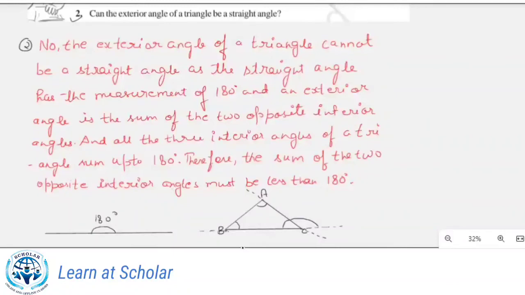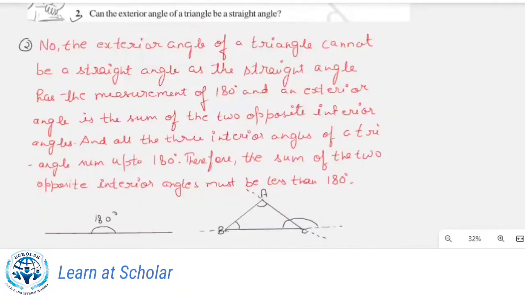This is the exterior angle and this whole angle is of 180 degree, right? So the exterior angle is less than 180 degree. This part is an exterior angle, this one.